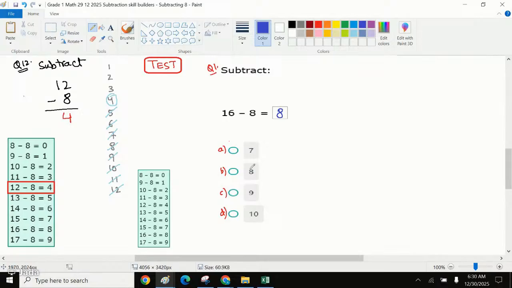And we look for 8 in the options over here. That is option number B. Once we click on option number B, it will show us that our answer is correct. Okay, thank you.